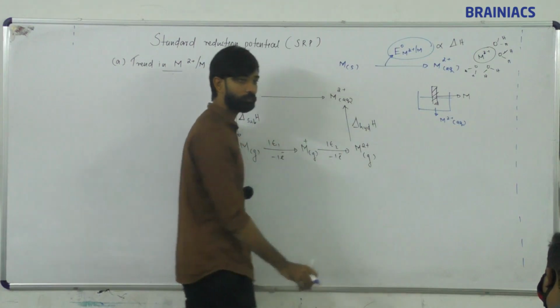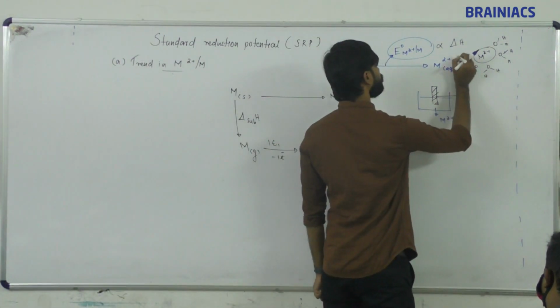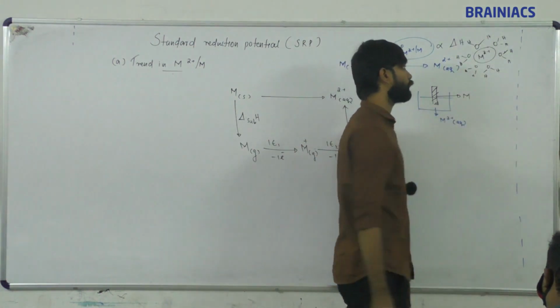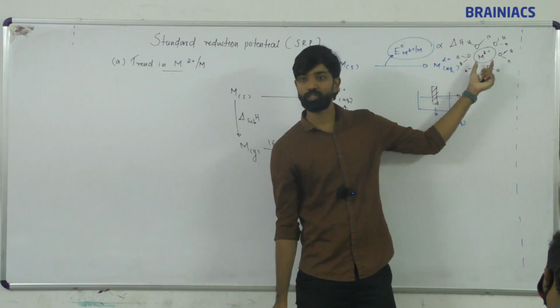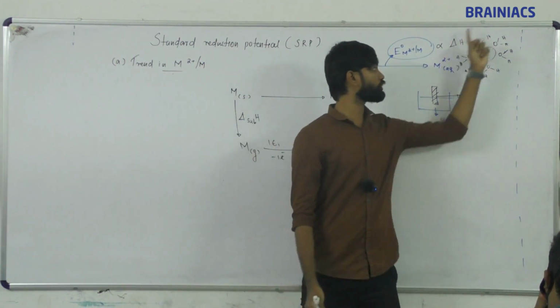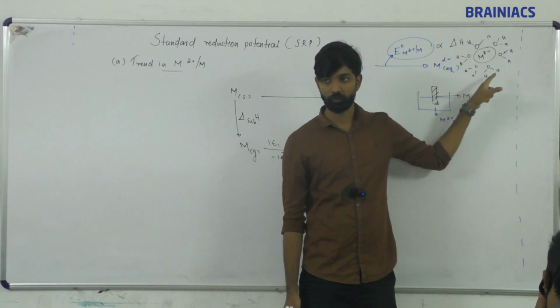Then they release an energy said to be hydration energy. If water molecules surround the M2+ ion, the M2+ acquires an extra stability. So the stability of M2+ increases once the water molecules surround it.